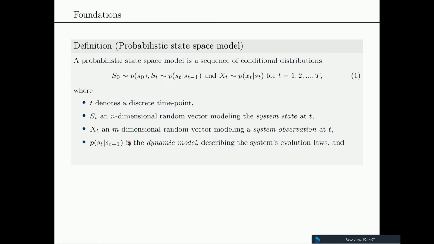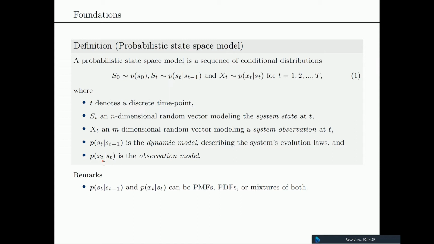Euler-Maruyama discretization is one crucial thing there. That's why this is also called the dynamic model. It describes the state dynamics, and then there's the observation model, which describes how observations are happening based on the states.